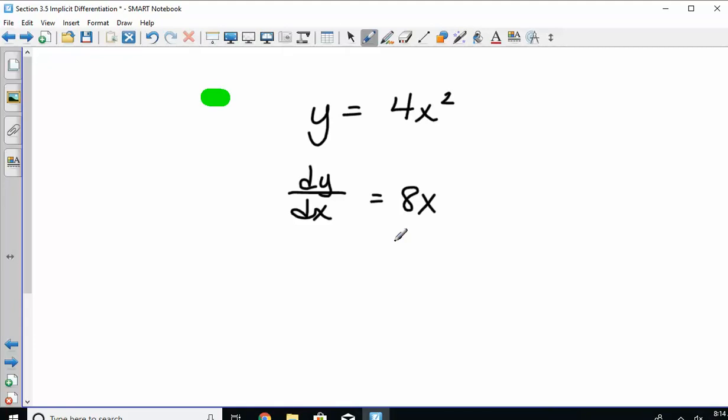Anytime you take the derivative of a y, you're going to put the dy dx with it. Okay, so this is the idea of saying it's the derivative of the variable y, but in terms of x. The x doesn't have to have that because that's the variable I'm doing my derivative in terms of. So that's the idea, that's what we're working on today.